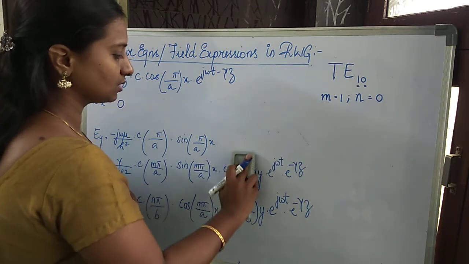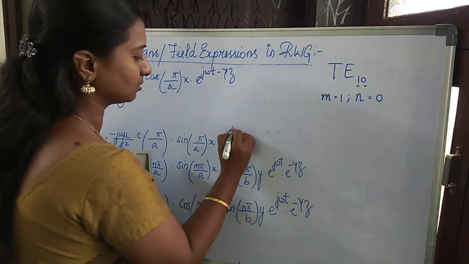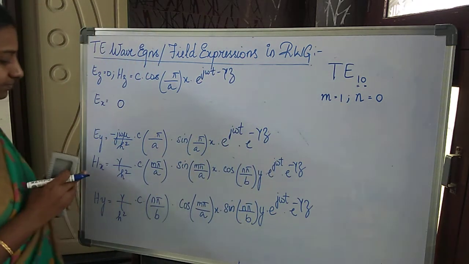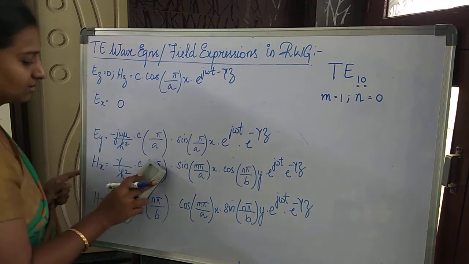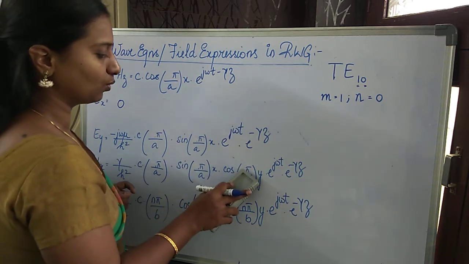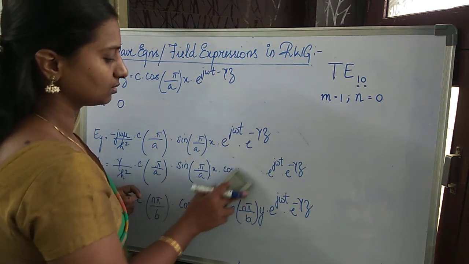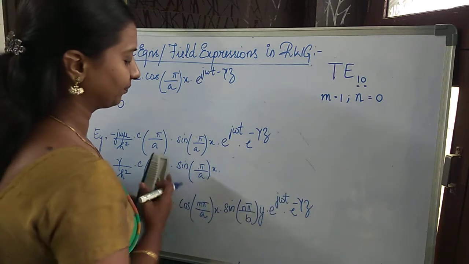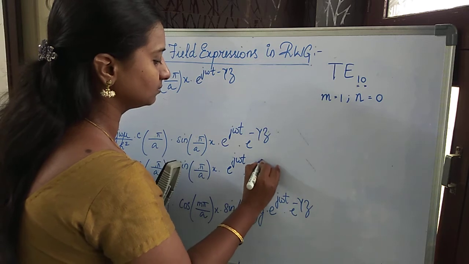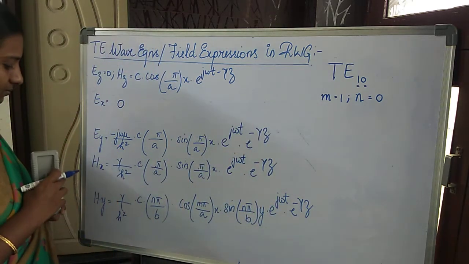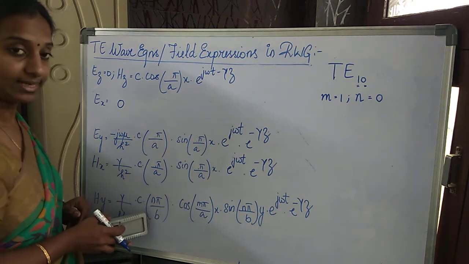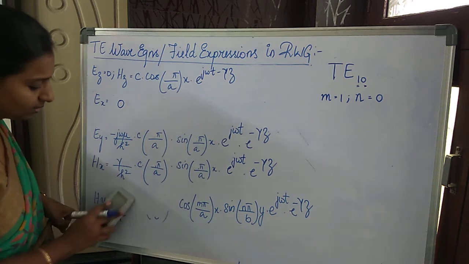So this equation is going to reduce to this. Same way when I substitute here, m is 1 and n is 0, cos 0 becomes 1 once again. So the equation has reduced to this. And here once again m is 1 and n is 0. What happens? This whole term becomes 0.